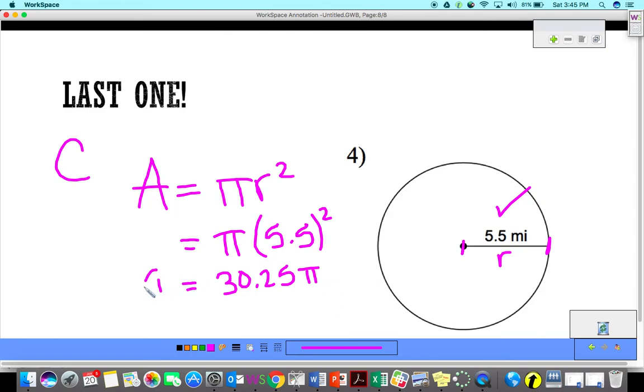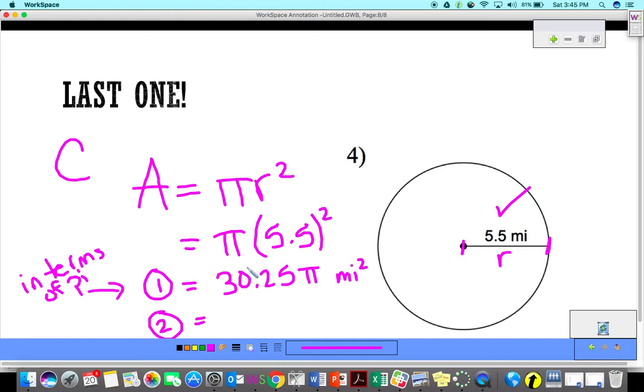That's one possible correct answer with some units, miles square. However, this is in terms of pi. If I wanted an answer that was fully multiplied out as a numerical value, as a number, I could take 30.25 and I could multiply it now by pi.